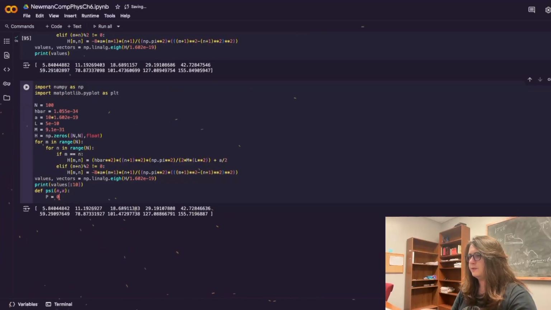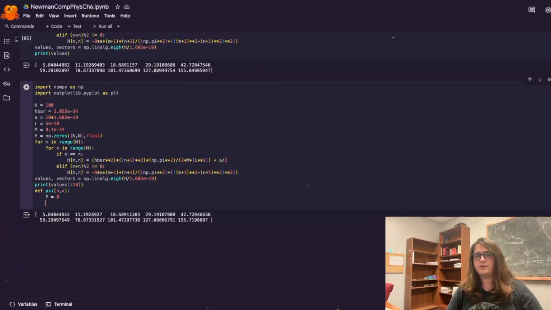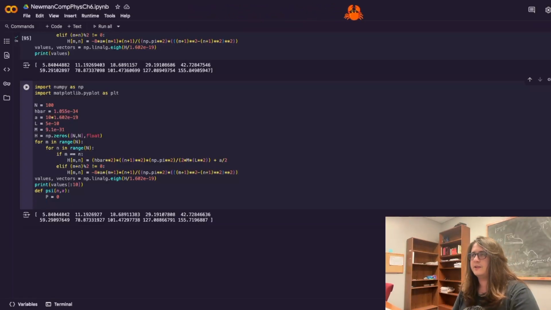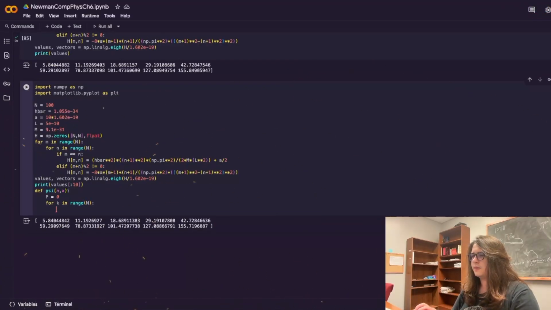Create a value p equals 0. And we're doing this by actually taking the eigenvectors which we have from before and multiplying it in through here to make a sum. It's like a Fourier series of the ground state and the first 2 excited states. So here you do range n, and you say p plus equals the vectors that we got indexed k comma n.